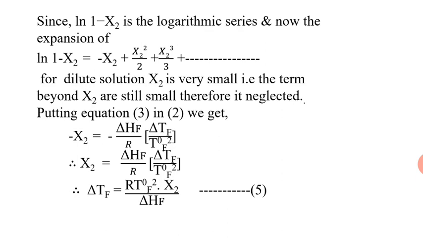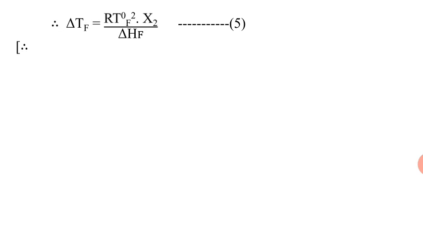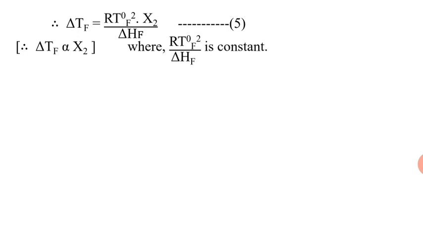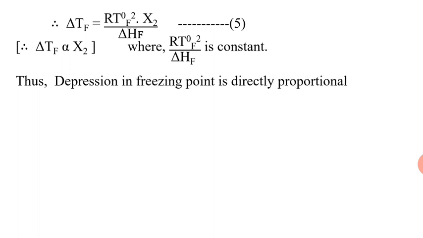Here R T0f square upon delta Hf is a constant. That's why we get delta Tf directly proportional to x2. Thus, we get a new definition: depression in freezing point is directly proportional to mole fraction of solute added.